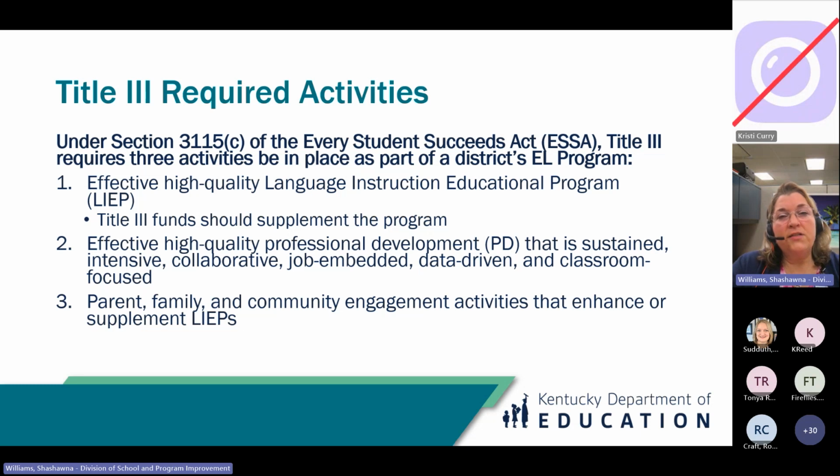Title III funds should supplement the program. Second, effective, high-quality professional development that is sustained, intensive, collaborative, job-embedded, data-driven, and classroom-focused, and third, parent, family, and community engagement activities that enhance or supplement LIEPs.